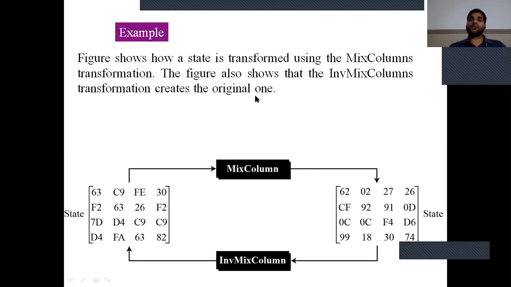The figure also shows that the inverse mix column transformation creates the original one. Like that, we take this state array, apply the mix column, and we find this. And after applying the mix column, for decryption we use the inverse mix column on the given state.